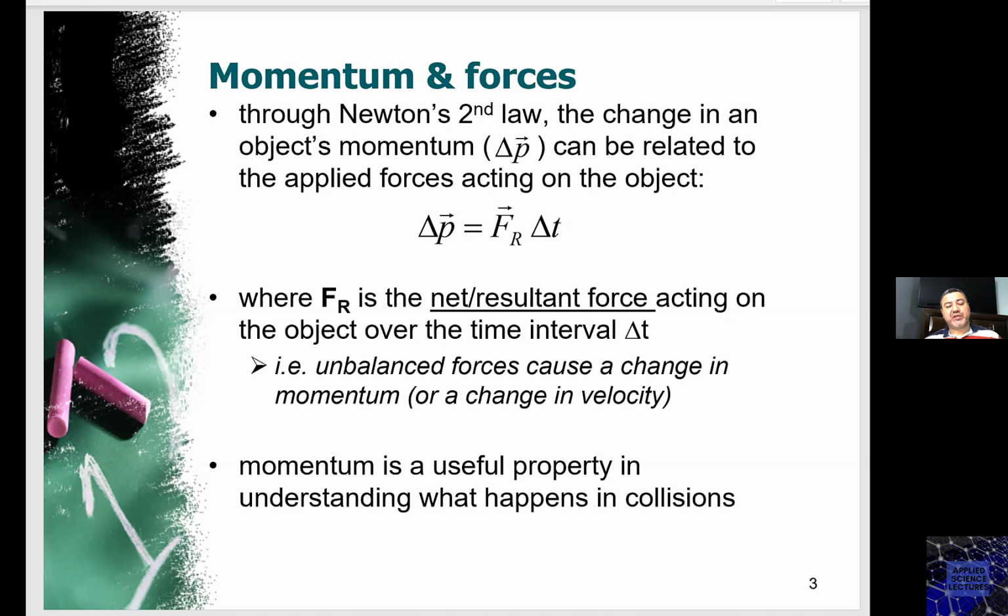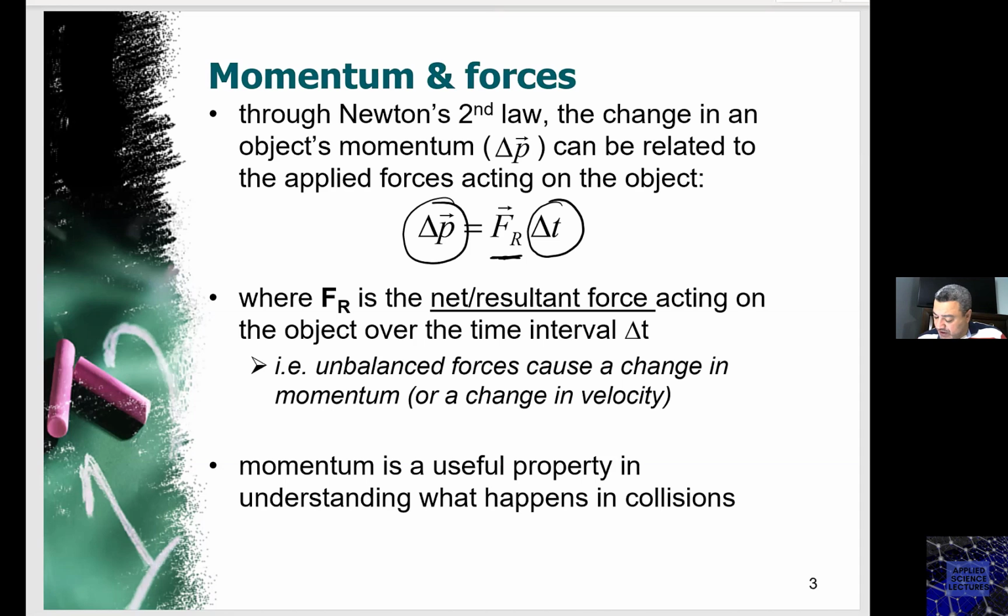So what is the relationship between momentum and forces? Any applied force on an object will lead to a change in its momentum, such that delta P, which is the change in the momentum, is given by the applied force times the time of the applied force.